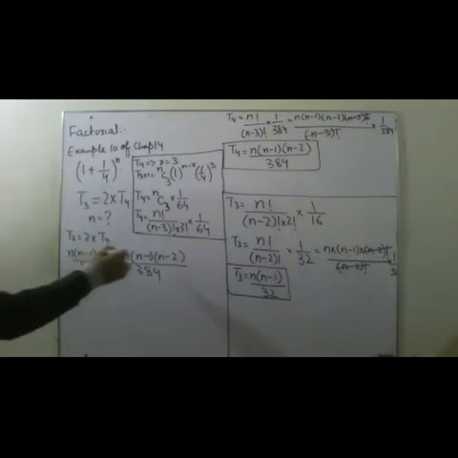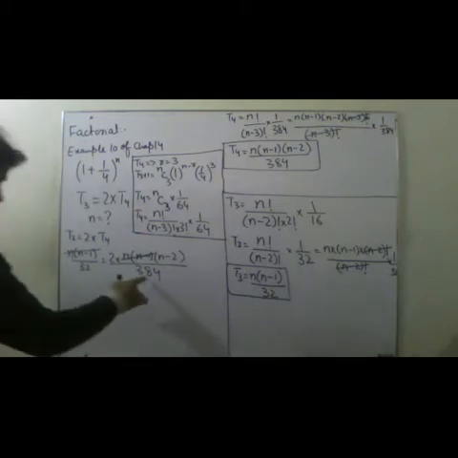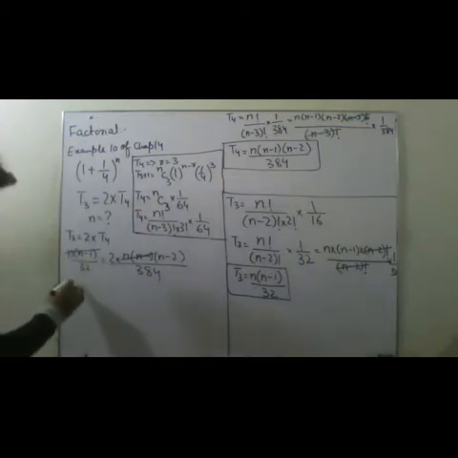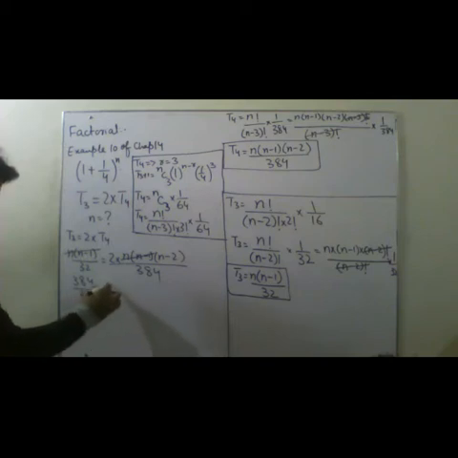See, these two will be cancelled, right? And I'm shifting 384 over here. So 384 over 32 multiplied by 2 equals n minus 2.